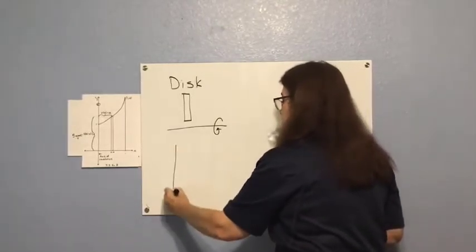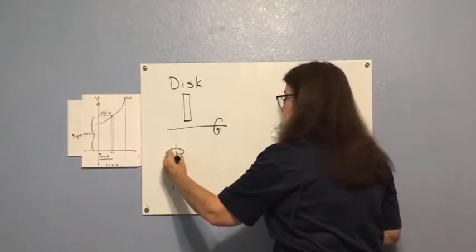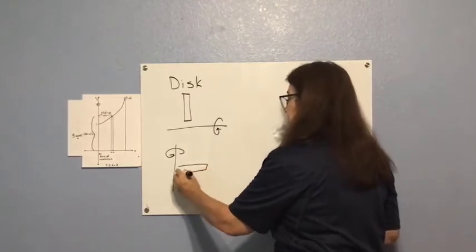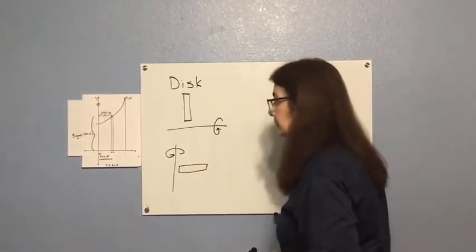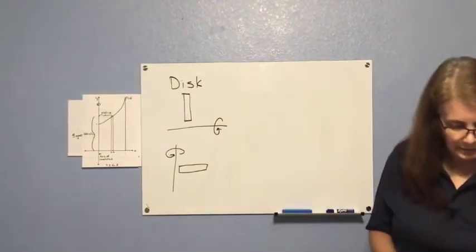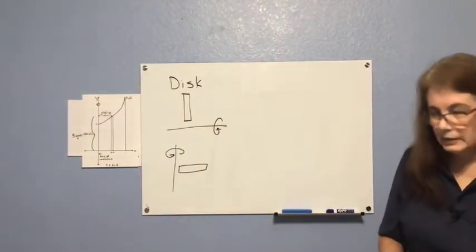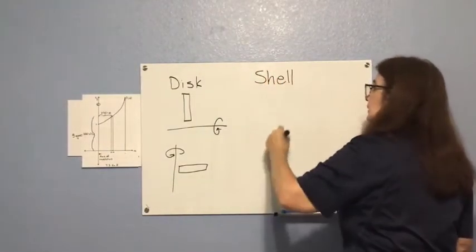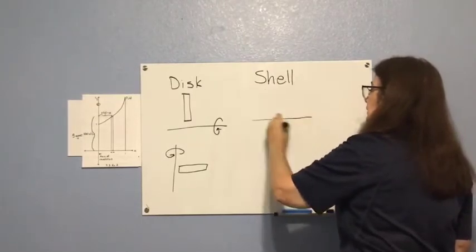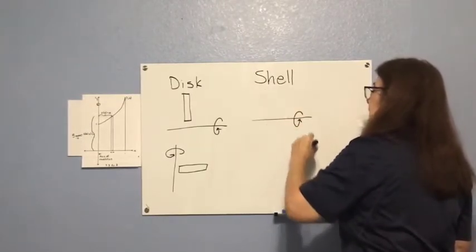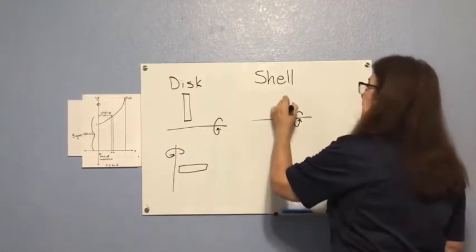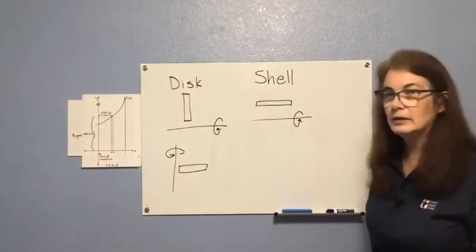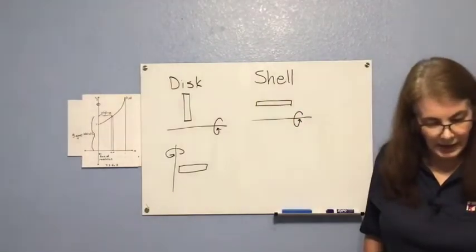If I was going to rotate this way and use the disk method, my representative rectangle would look something like that. In the shell method, if I rotate horizontally, my representative rectangle is going to be parallel to the axis of revolution.